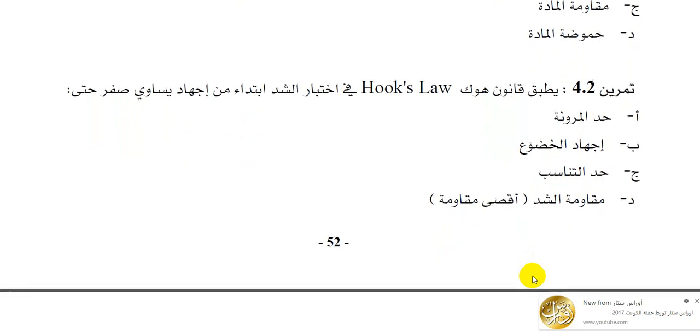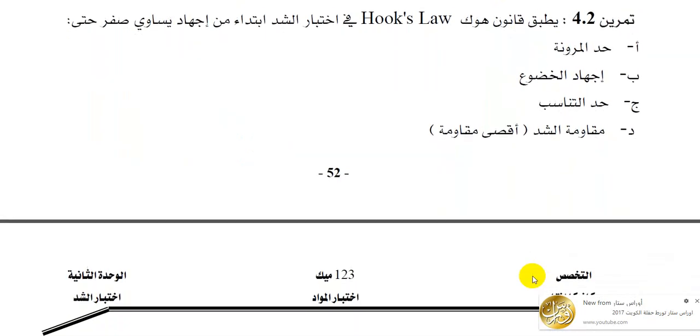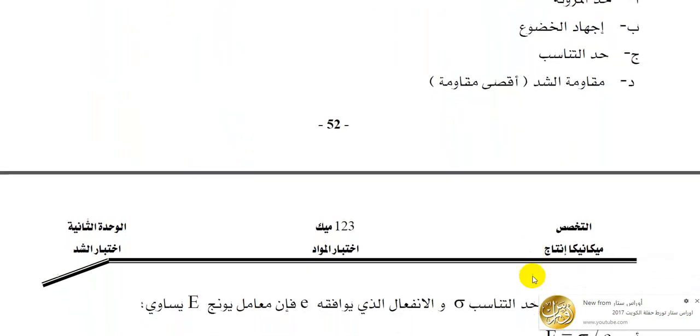Exercise 4.2: Hooke's law will be applied in the tensile test, commencing from the stress till the elastic limit, or the yield stress, or the proportionality limit, or the UTS, the ultimate tensile stress, as stipulated previously.